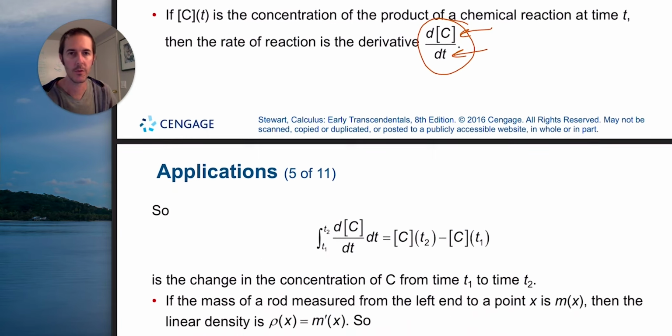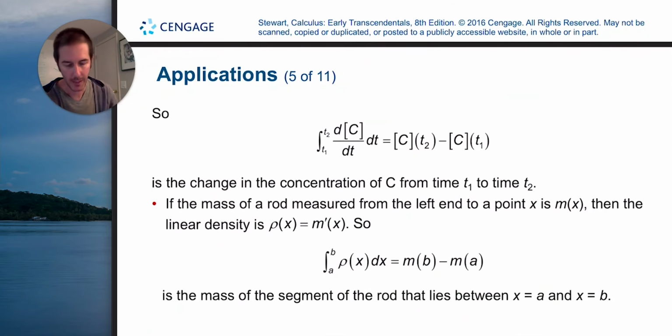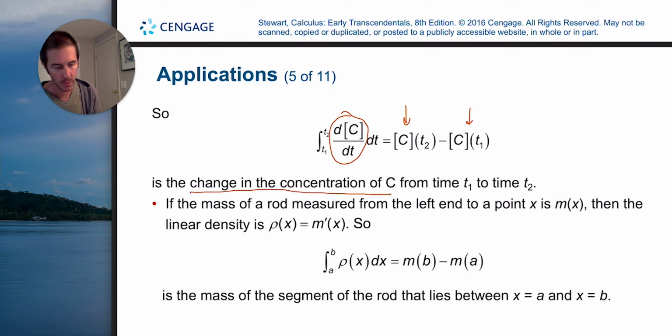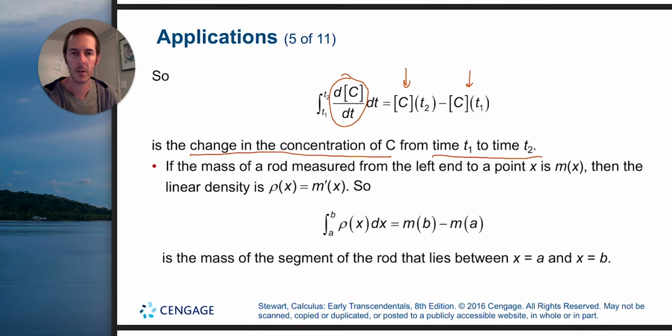In other words, the first derivative. And then if we integrate that first derivative, there it is, integrating it with respect to time, then we have concentration at the later time minus concentration at the earlier time, which ends up equating to change in concentration from our first time T1 to our second time T2. So there's a chemistry application that we're seeing.